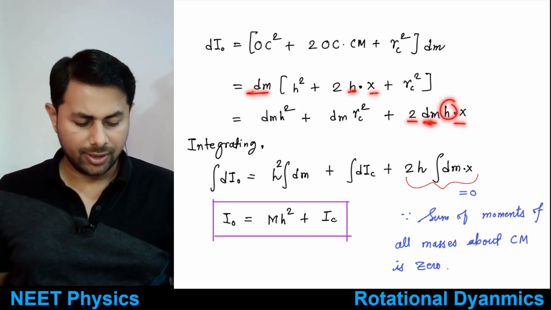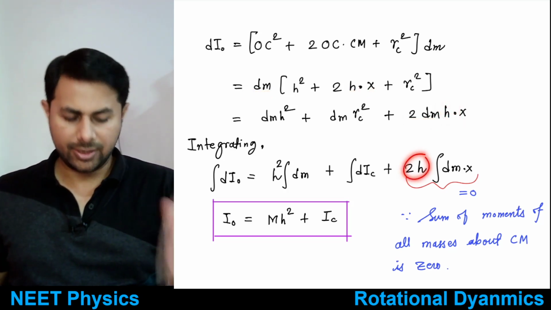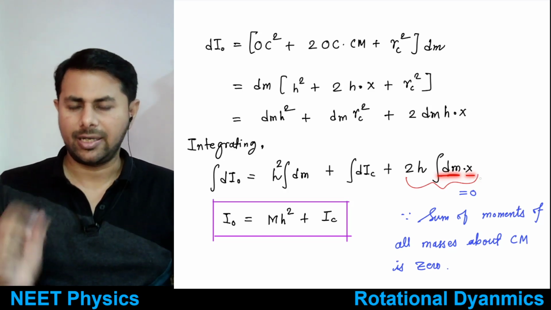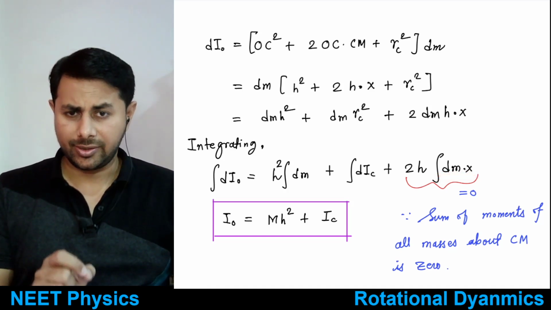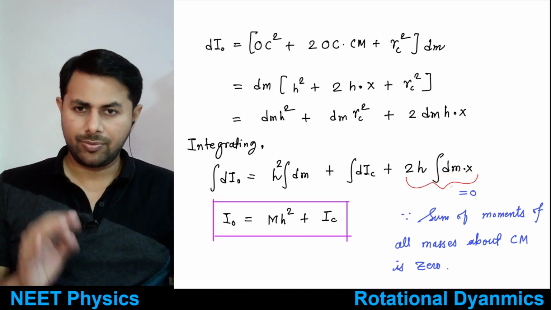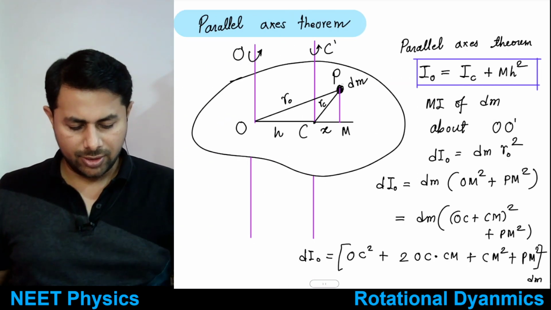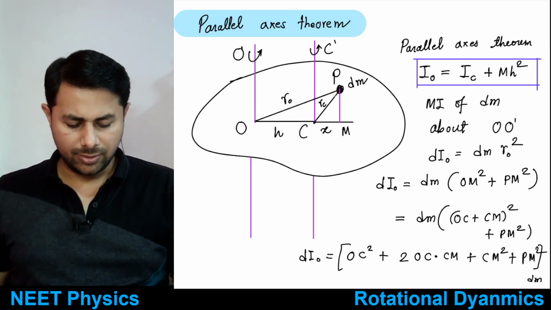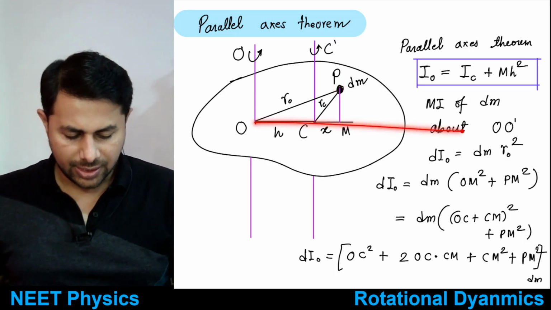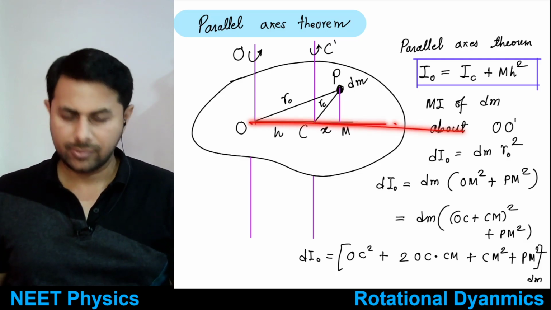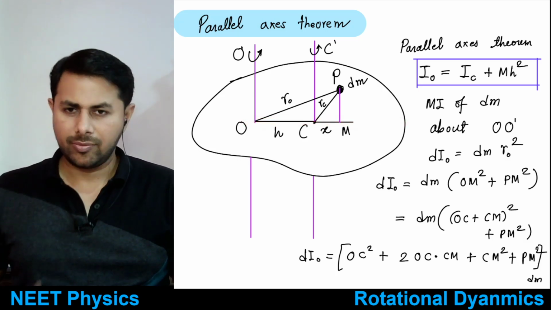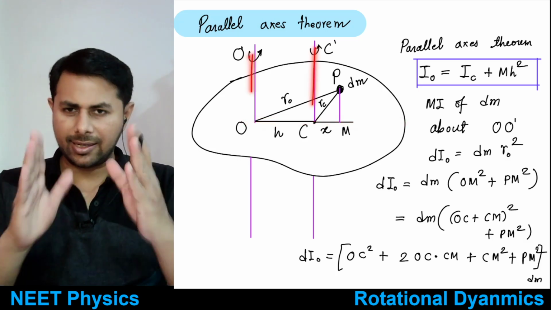We have 2 times dm multiplied by h times x. h is the constant. So if you integrate that, you can take this 2 and h outside. So the integral of dm times x. So here comes that point. See, this mass is dm. Now you took this line, suppose, which is the line perpendicular to these two parallel axes.